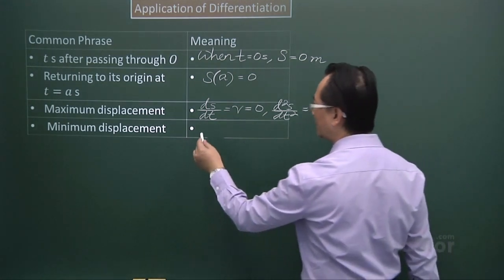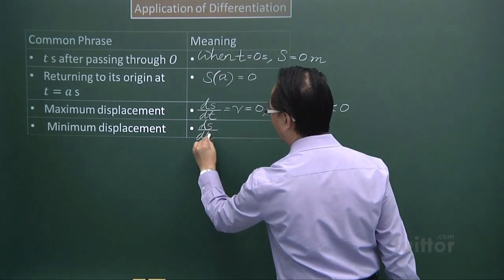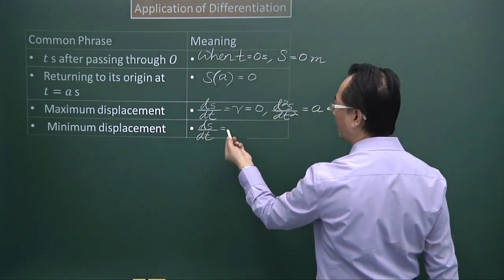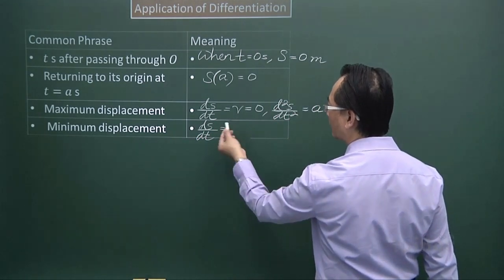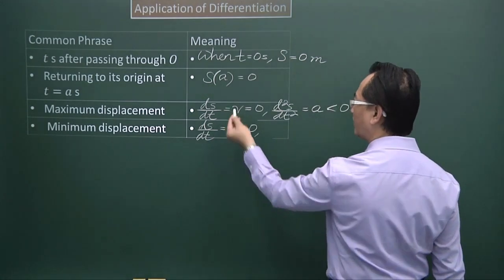So for the minimum displacement, again, I'm talking about a minimum point having 0 gradient. So it would be the same as the one before.